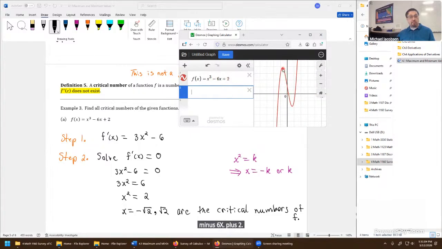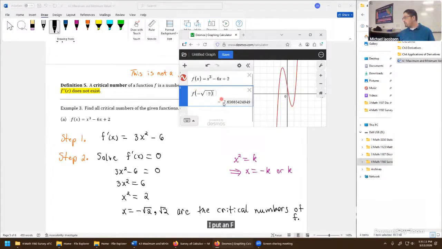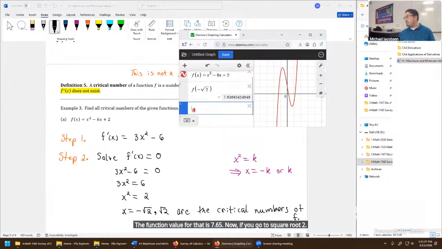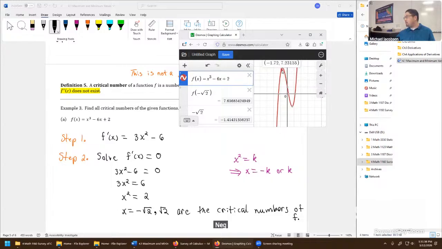And it looks like there is a local maximum up here, a local minimum down here. I put in f of negative square root 2. The function value for that is 7.65. Now, negative square root 2 is about negative 1.41. So go to about that spot, negative 1.41.